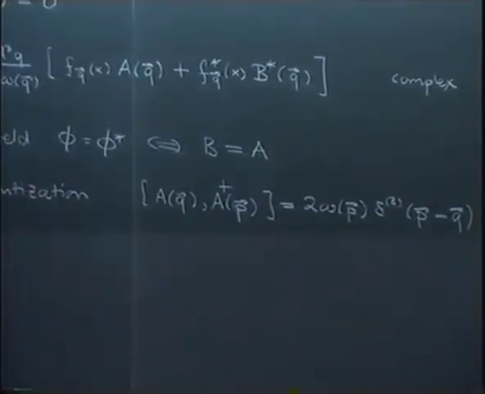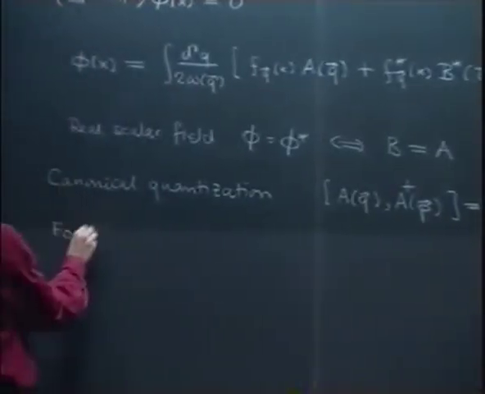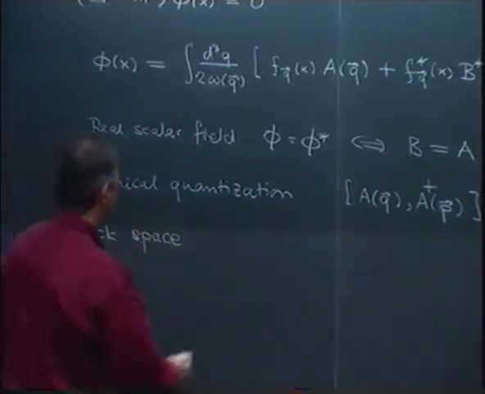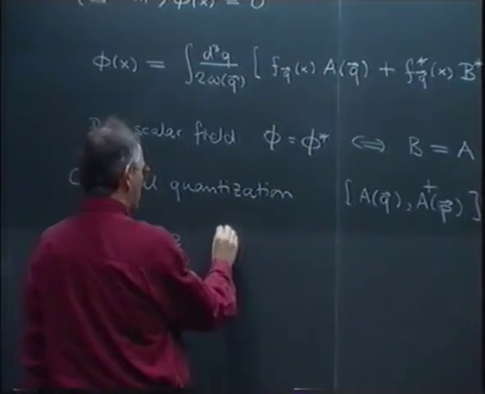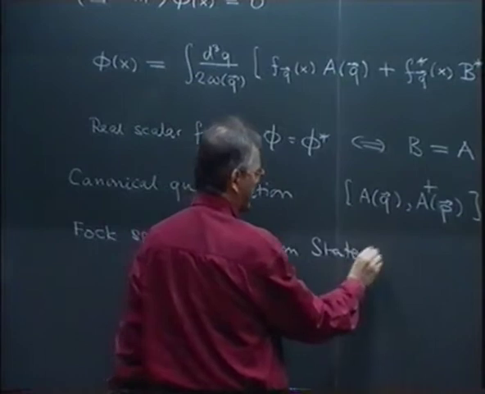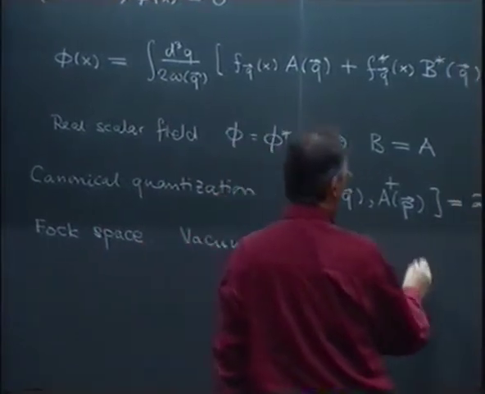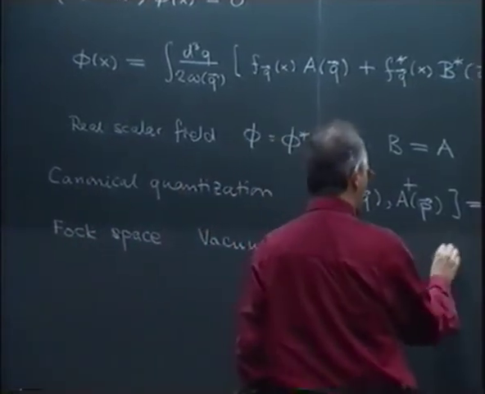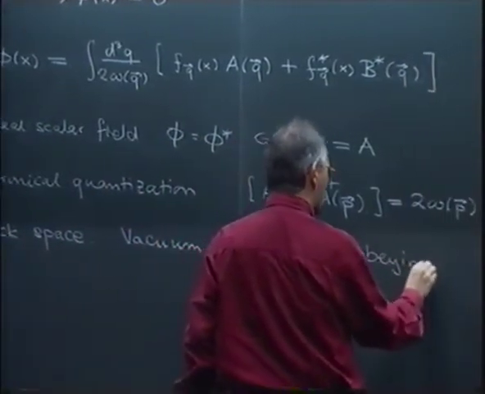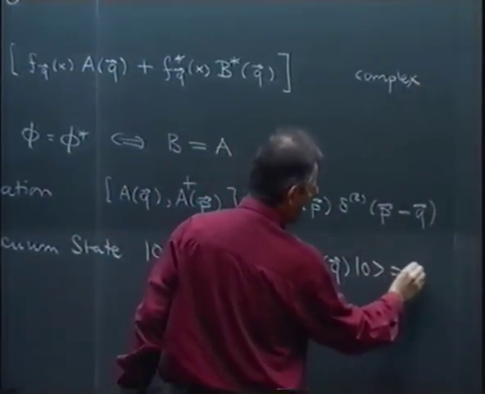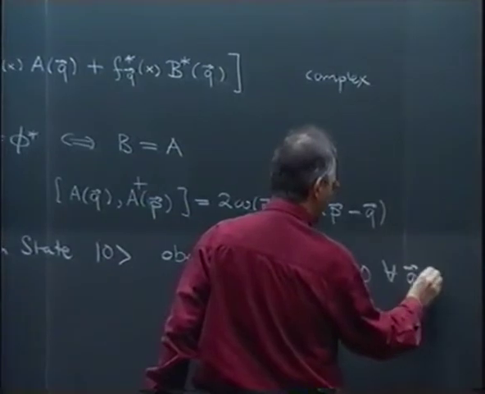And given this information, we can now define the Hilbert space of the theory, or the Fock space, by introducing a vacuum state 0, which is annihilated by all these operators, obeying A(q)|0> = 0 for all q.